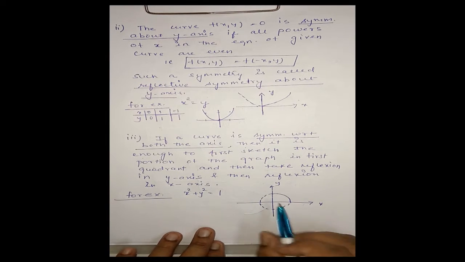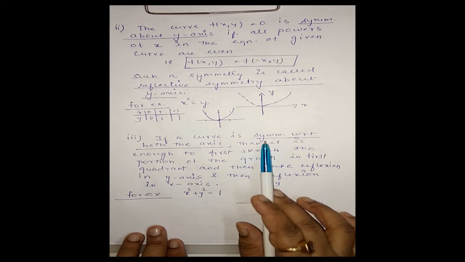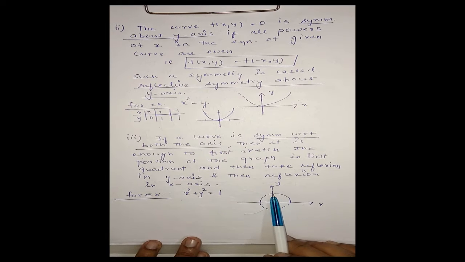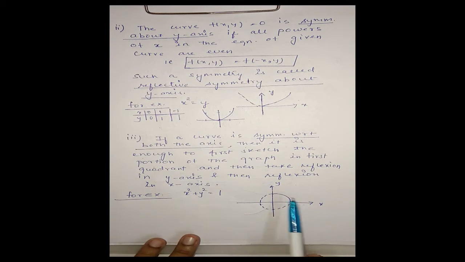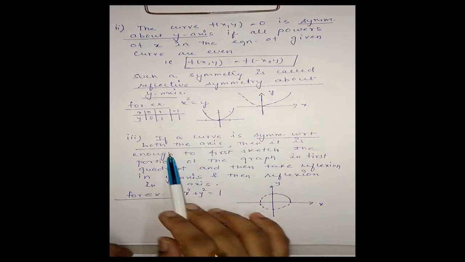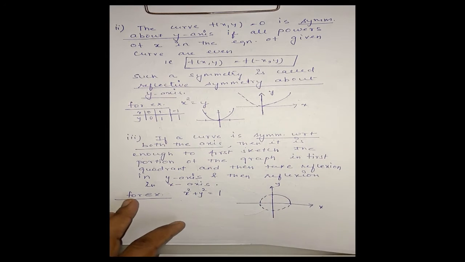We are getting the curve like this. This is symmetric with respect to both the axes. We have to first sketch the portion of the graph in the first quadrant, then its reflection in the y-axis, then its reflection in the x-axis.